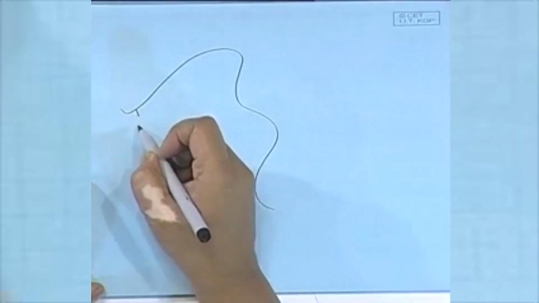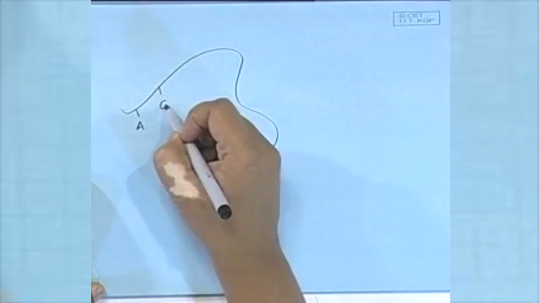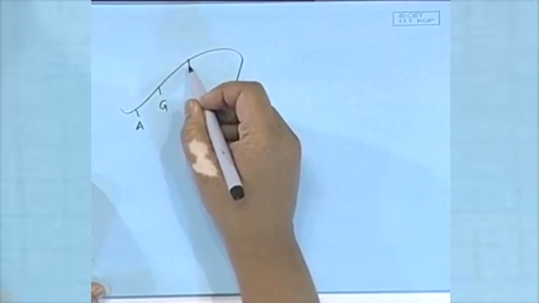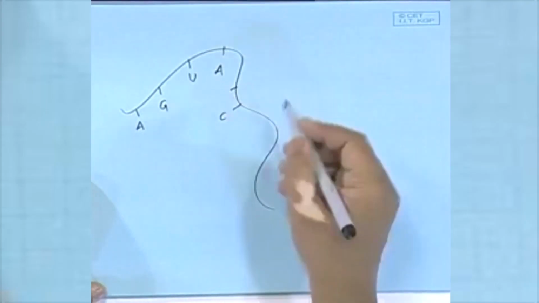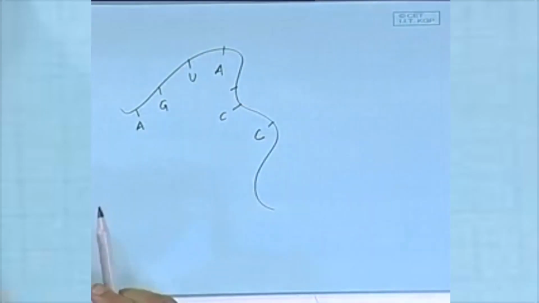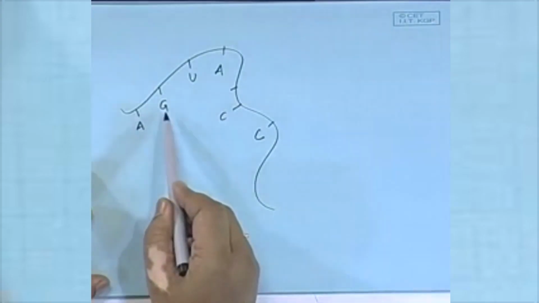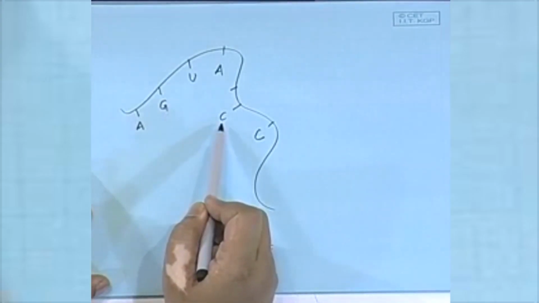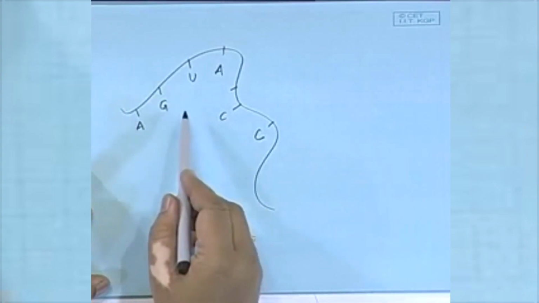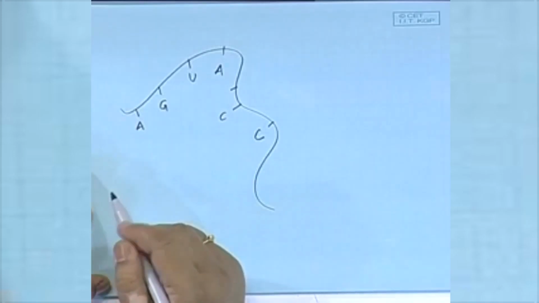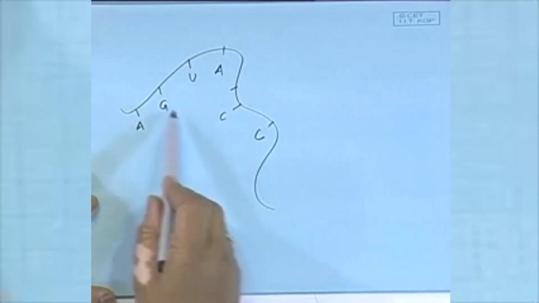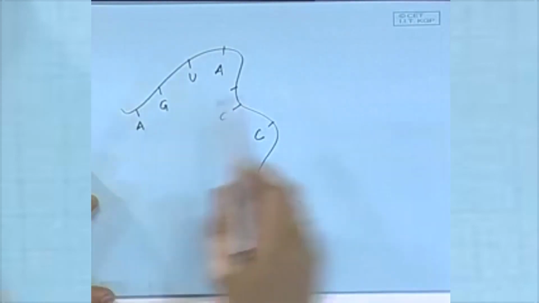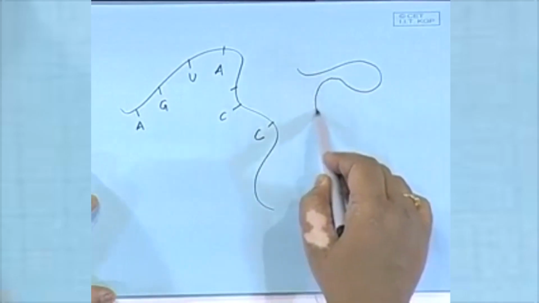I may have an A here, a G here, a C here, a U here, another A here, and so on, a C here. What might happen in certain cases is that we know this G forms hydrogen bonding with C. So in some cases we may have complementary base pairing. What is that going to result in? It's going to bring part of these two structures close to one another. So you are going to have probably something shaped like that.